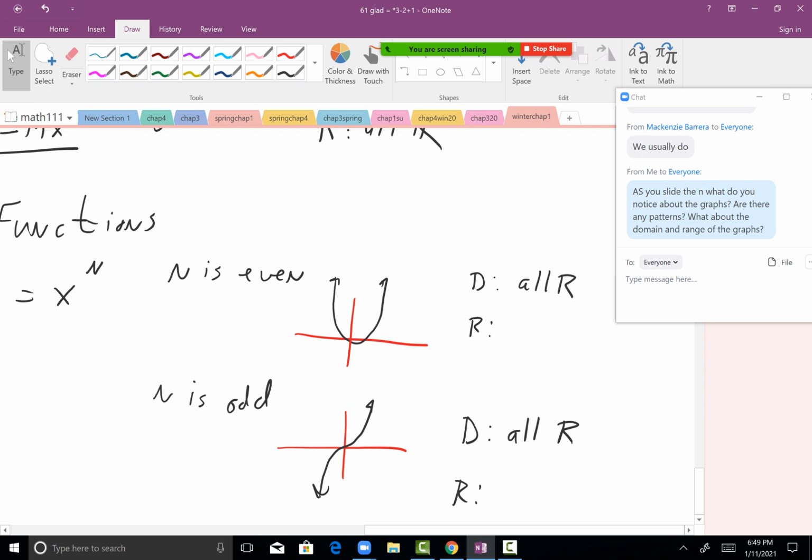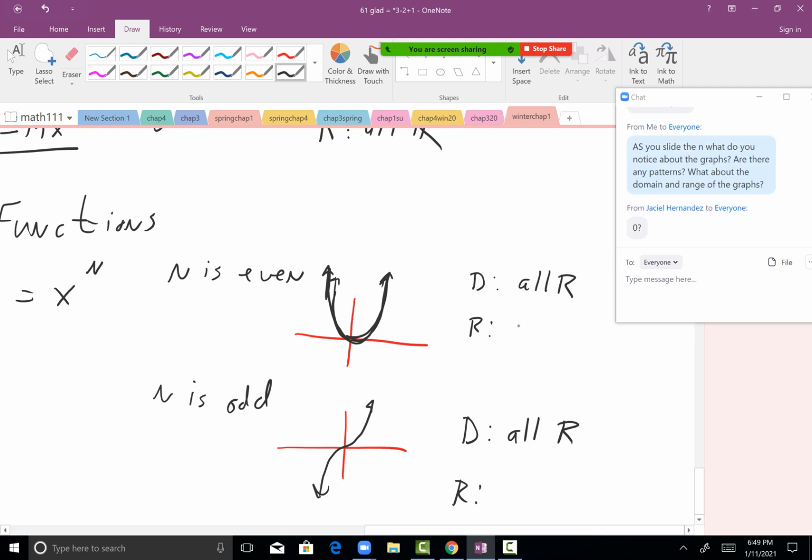So if we have a U-shaped graph, what's the lowest that graph goes on the y-axis? What's the lowest point? 0? Yeah. 0 or the origin, right?